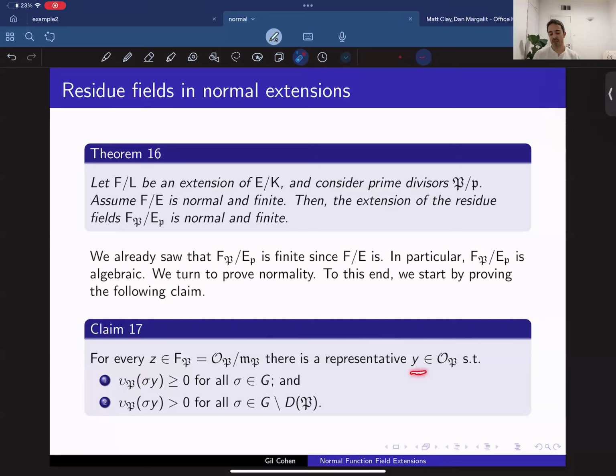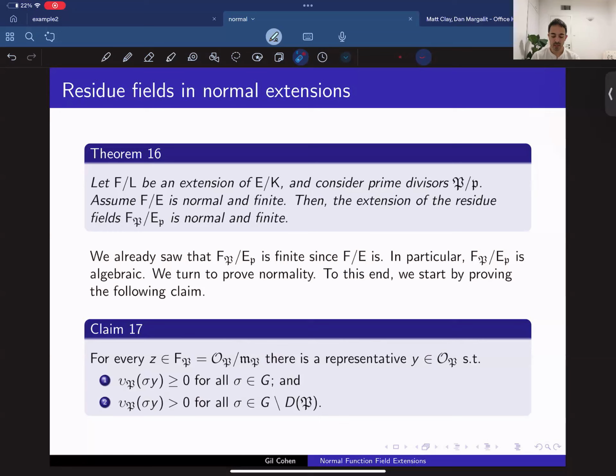So you can find a function in O_P that not only is defined at P, but also all of its conjugates are. And secondly, I want sigma y to vanish, not only be defined, but also vanish at capital P, which just says that evaluation is strictly positive, for all the sigmas in G that I can ask that for, right?